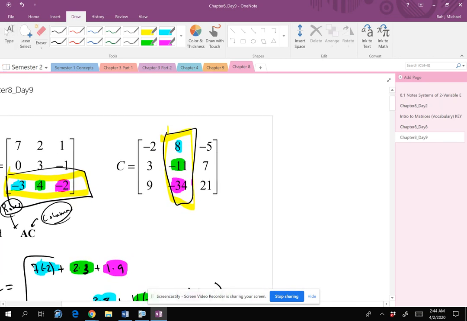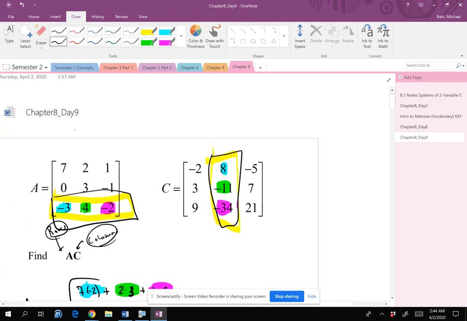So we were able to do this because this was a 3 by 3, and again, it's rows before columns, and we were multiplying it by another 3 by 3. So in order for multiplication to work, the number of columns of the first matrix has to match the number of rows in the second matrix.